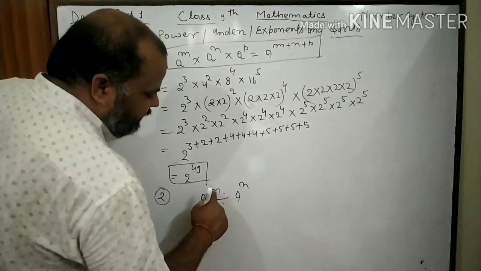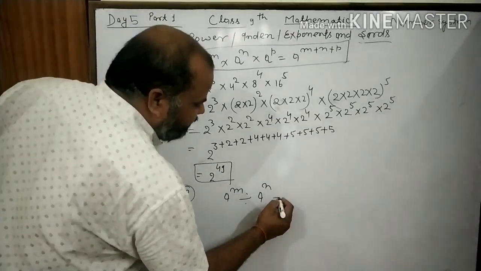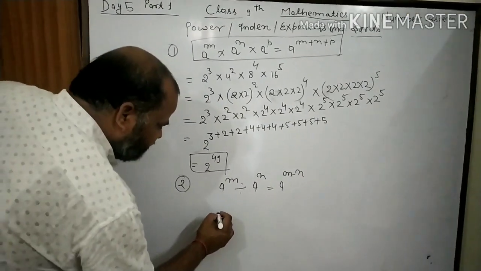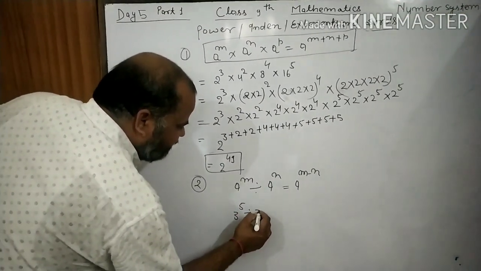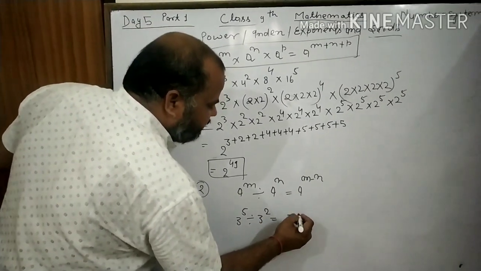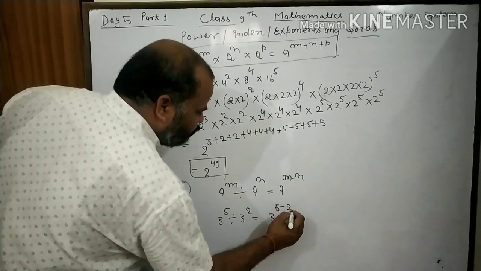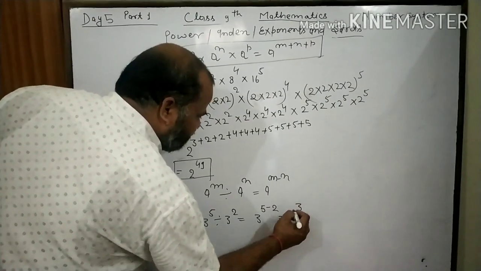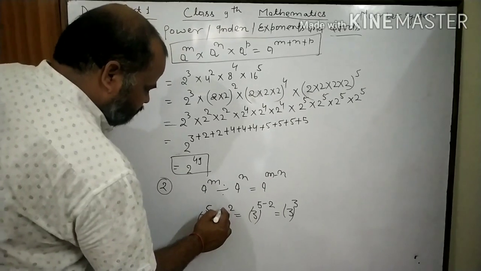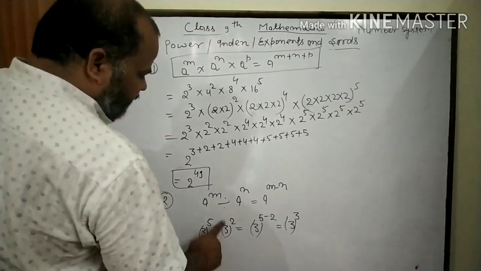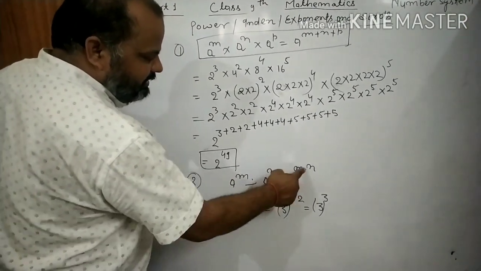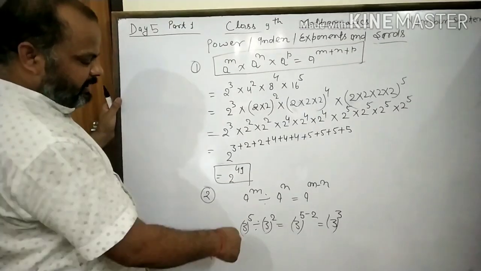If the bases are the same and the powers are different and they are divided, then it will be written a to the power m minus n. See, 3 to the power 5 divided by 3 to the power 2 is 3 to the power 5 minus 2, which is 3 to the power 3. So we can subtract their powers like this.